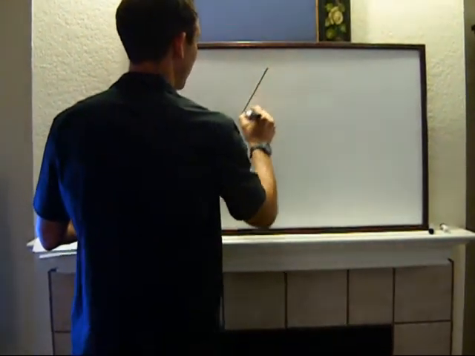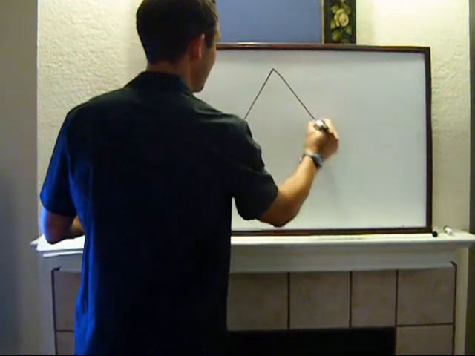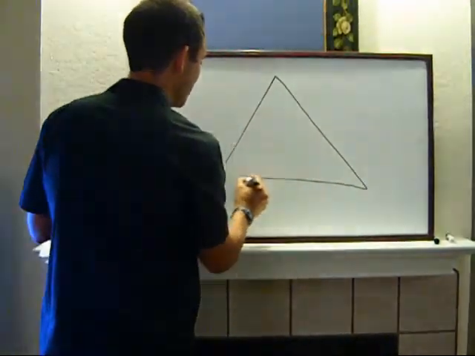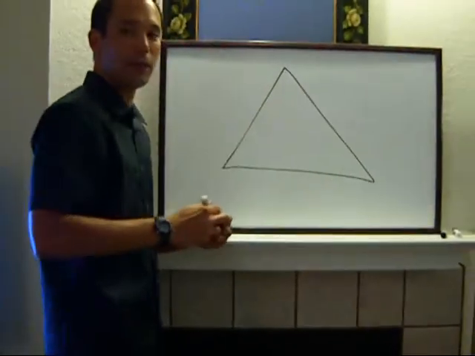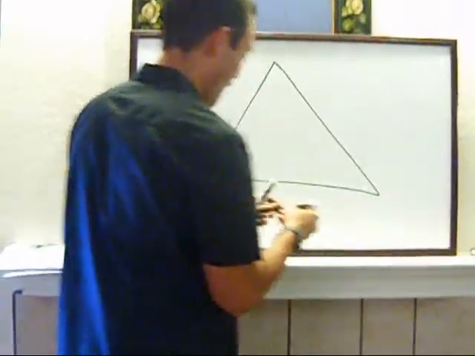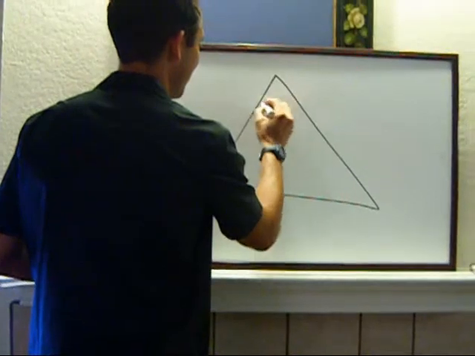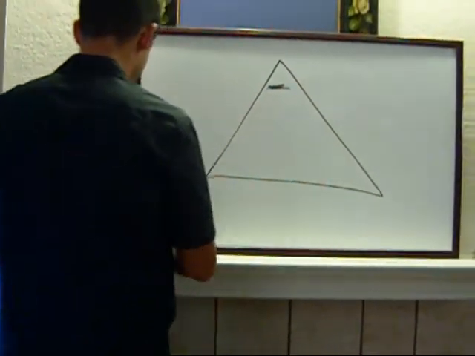Okay, so we're going to go back to the board here, and I'm going to just basically give you an example of the Sierpinski triangle right now. We're going to start by drawing one big triangle here. Pardon my messy drawing, but we're going to do the best we can. Try to fill this thing in.